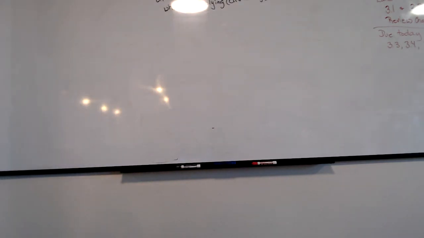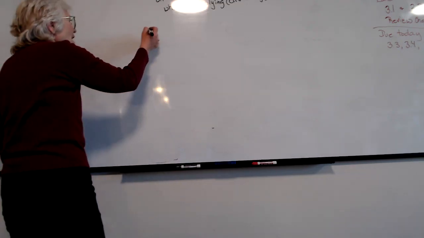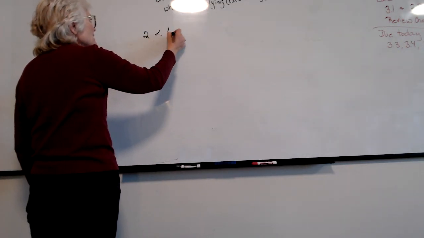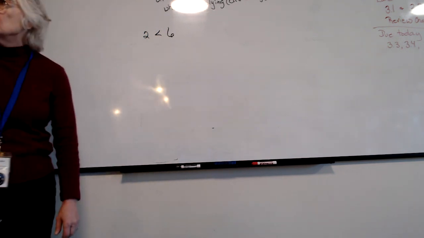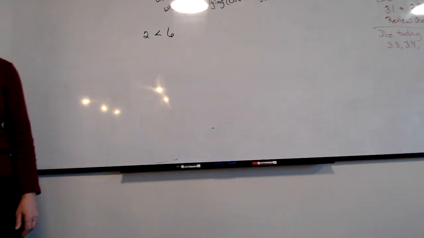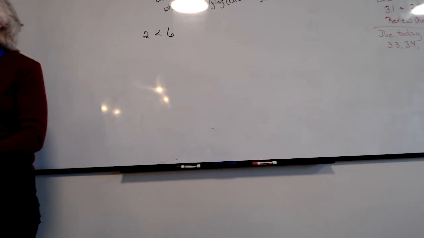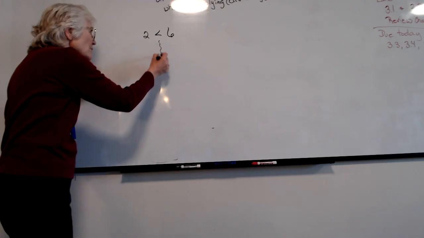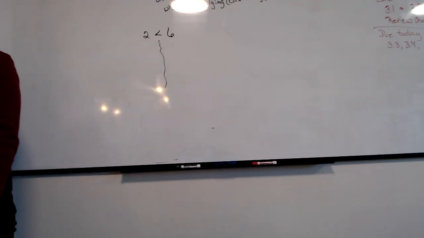They are different in multiplying and dividing inequalities. So we're going to look at a couple things. If I have 2 is less than 6, does everybody agree that that's true? Yep. Okay. So in equations, we can multiply both sides by a number.